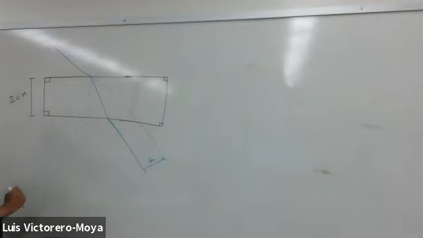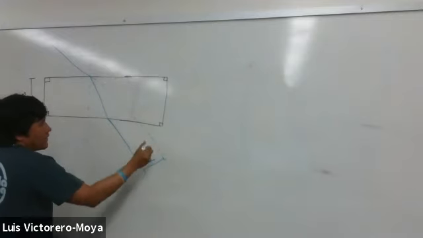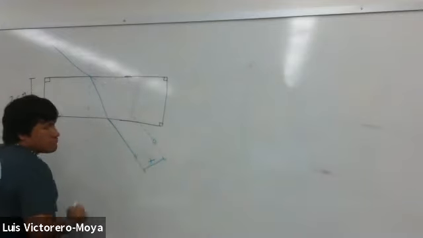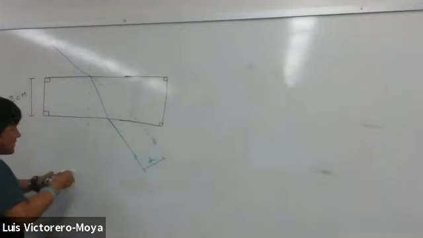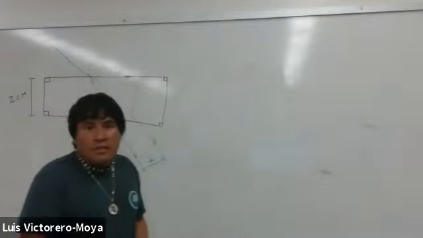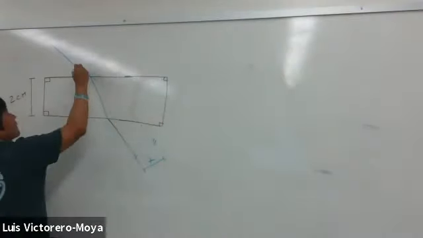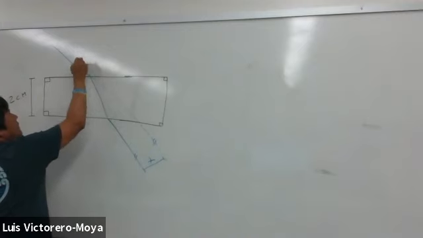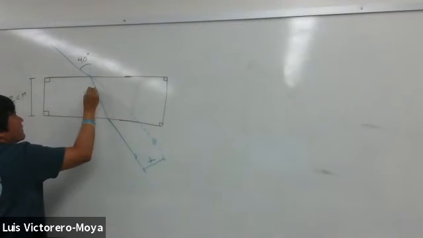Something that you should realize is that when you go from air to glass and then to air again, these two rays are parallel. Because if you think about it, when you do Snell's law, and let's put the values here. So theta is 40 degrees. Here is 40. When you go from here and then you get the refracted ray here, let's call this theta.